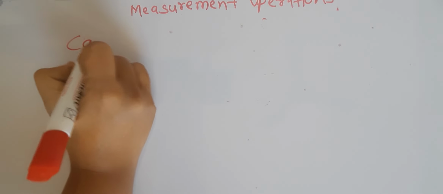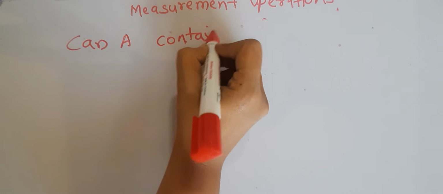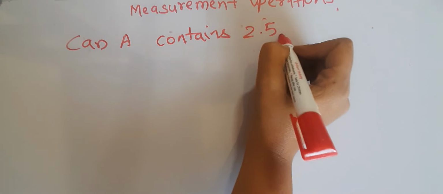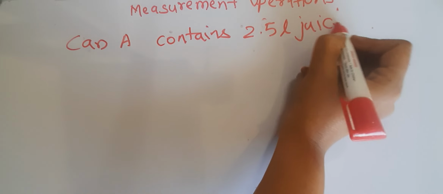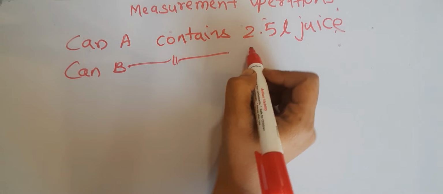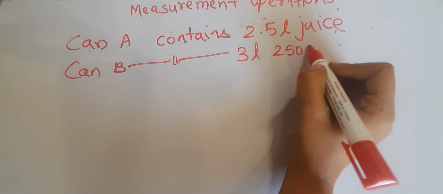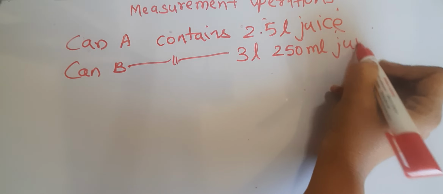Suppose can A contains 2.5 liter juice, and can B contains 3 liter 250 milliliter of juice.